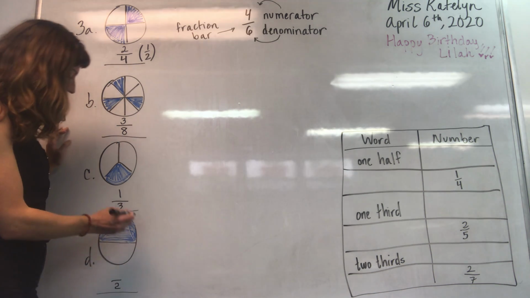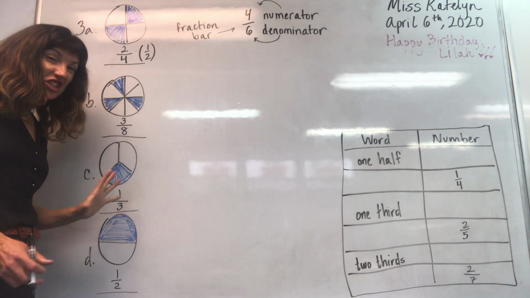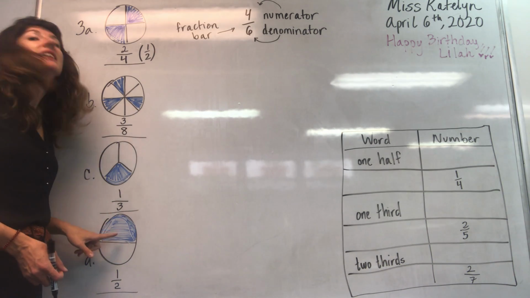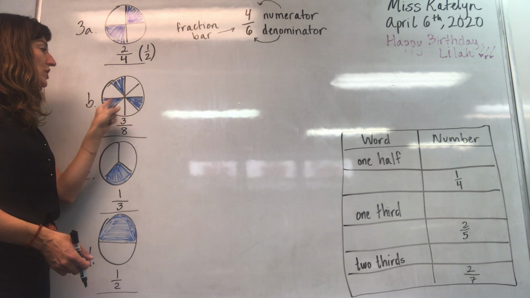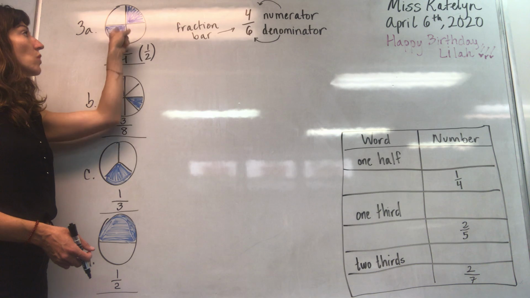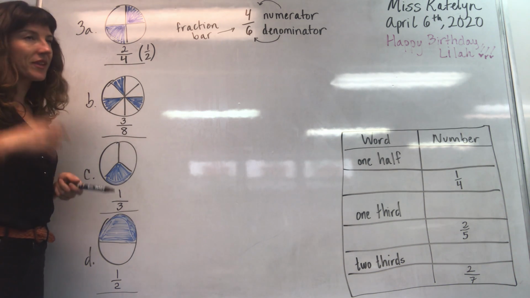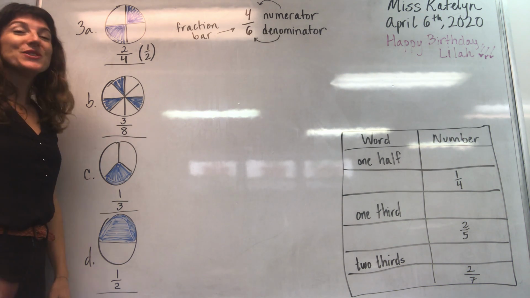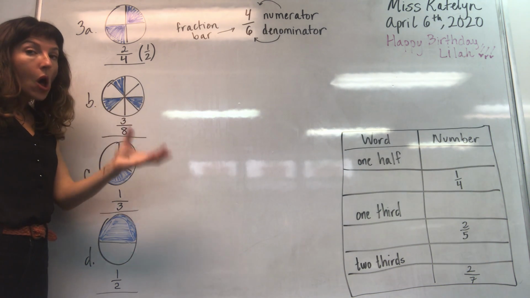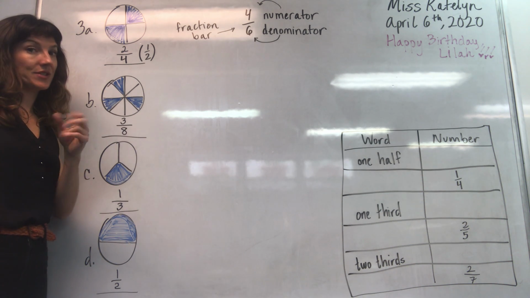And 1 is blue. The chunk that is blue is 1. The chunk that's blue is 1, 2, 3. And the chunk that's blue is 1, 2. All the little chunks that you want to talk about, what a funny word, is your numerator. All of the parts possible is your denominator.